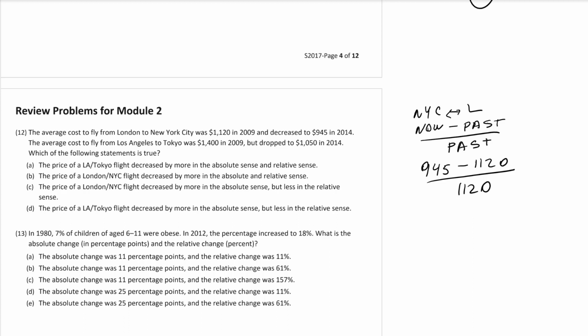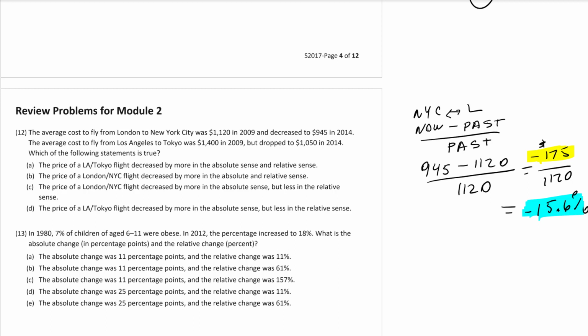All right, so let's do the subtraction. 945 minus 1120 gives us negative 175 as the absolute change, over 1120, which will be minus 15.6% as a relative change. Okay, so let's highlight it. This is the absolute and this is the relative.